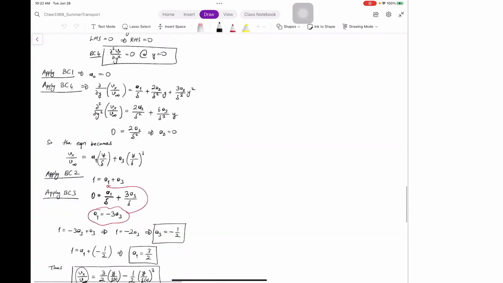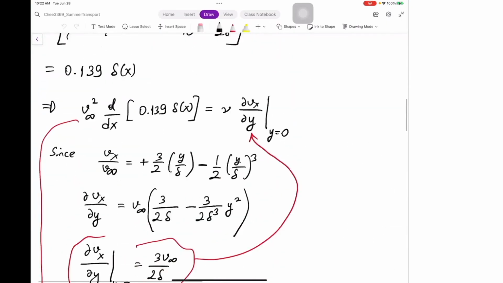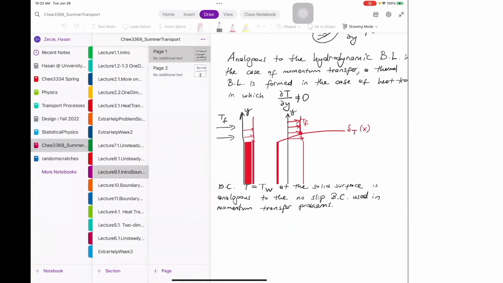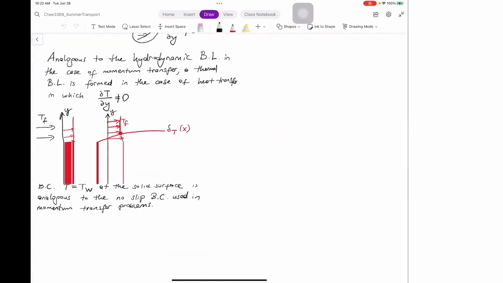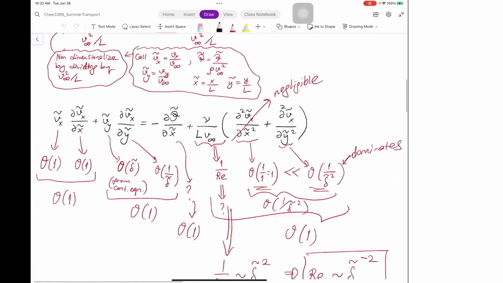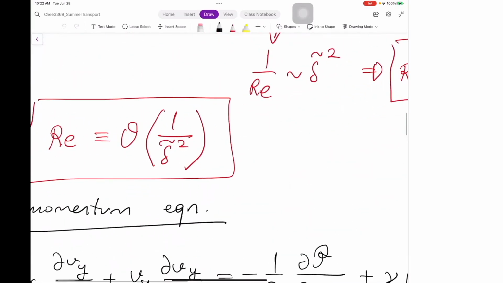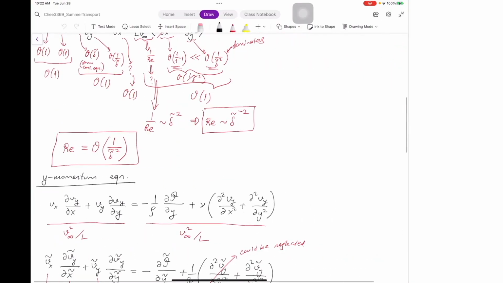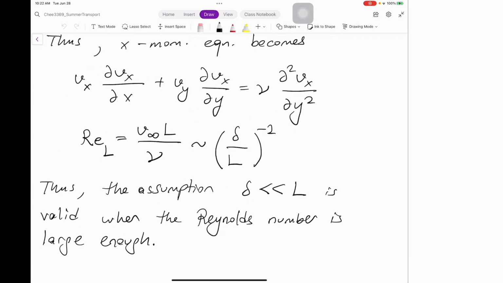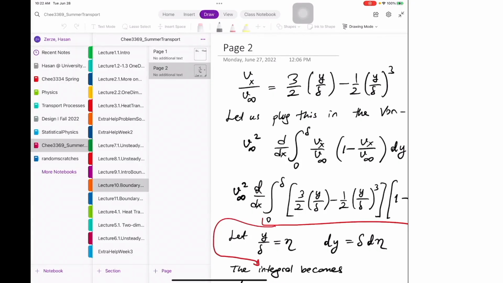So let's go back to that derivation. Oh, what happened to this? Yeah, if you have a look at this, for delta so small, Reynolds number should be so large, or this one that we had derived, or numerically we had actually derived after we solved these equations, right?